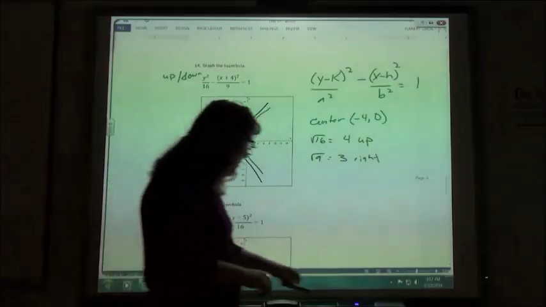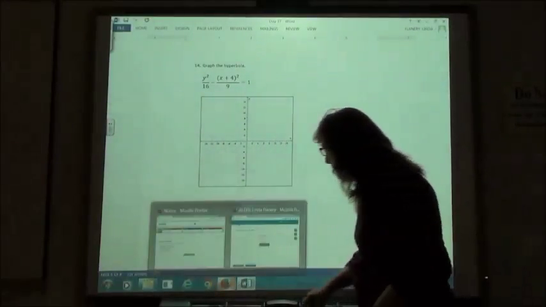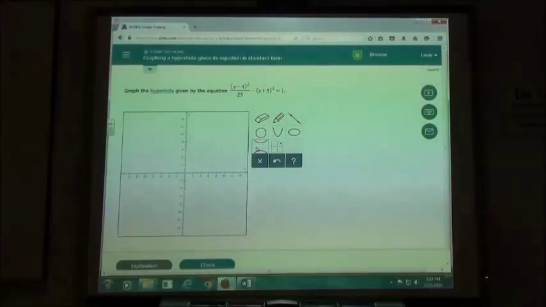So again, if I hop over to the Alex program, notice on this next one, the y is first. So when I do my center, it is going to be at -5, +4. The x first and then the y.